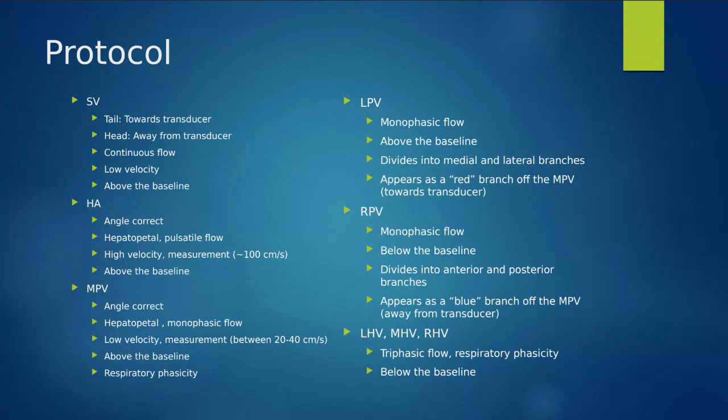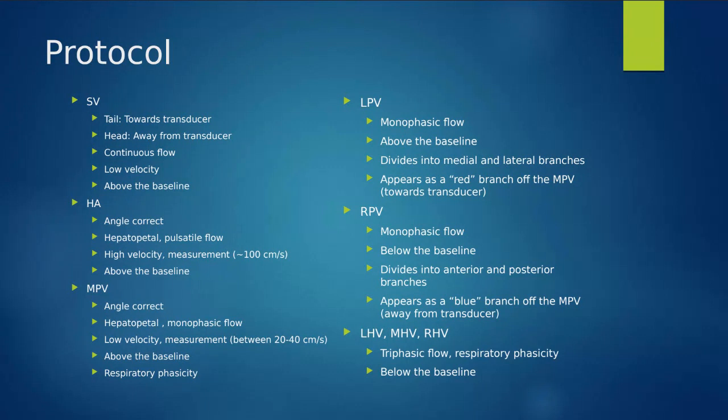The most common placement of this shunt is going to be in the right portal vein, connecting it to the right hepatic or the middle hepatic vein. And of course, anytime a patient has this procedure done, we need to be doing a Doppler exam to make sure that that shunt is patent. And we will learn all about those values in our vascular class in the fall.